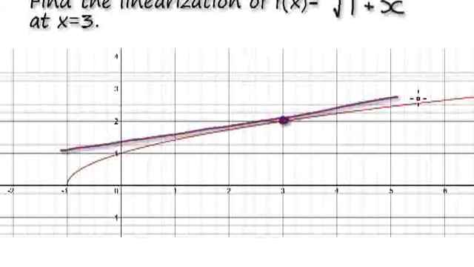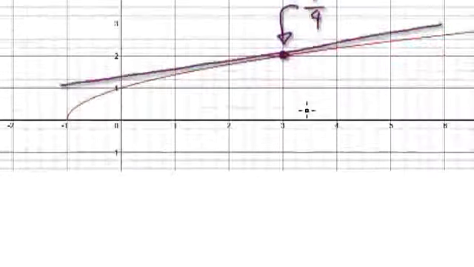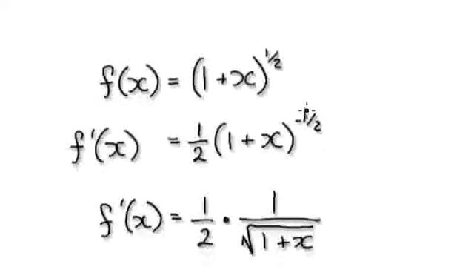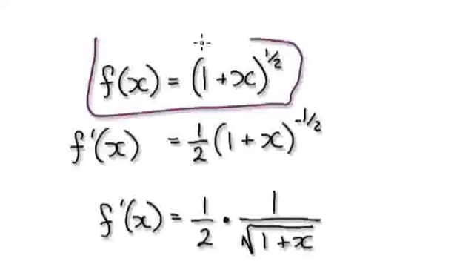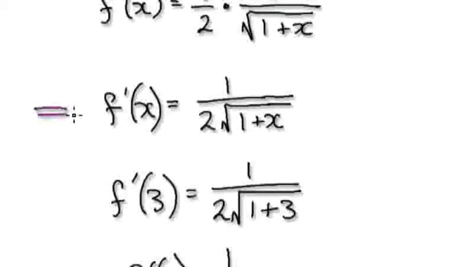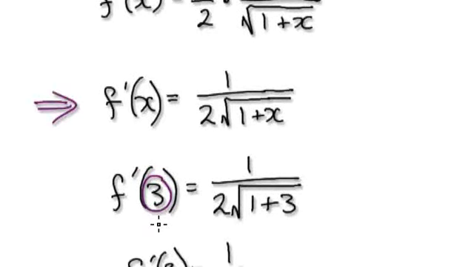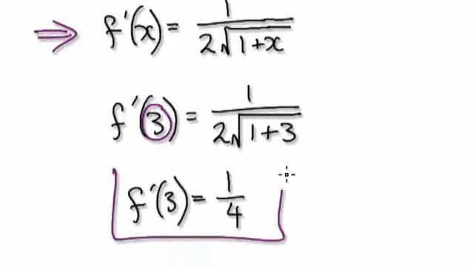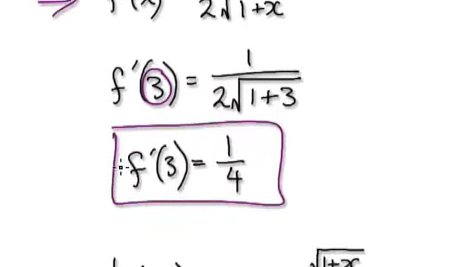We now know the gradient right at this point. Right at this point, the gradient will be 1/4. Okay, so start with your function, and then differentiate it. That will give you this. But then you need to know the gradient at that particular point, so you put the 3 into there to find your gradient at x equals 3.